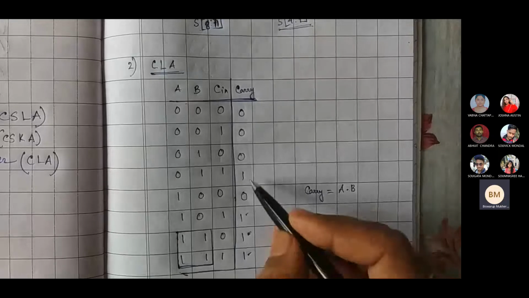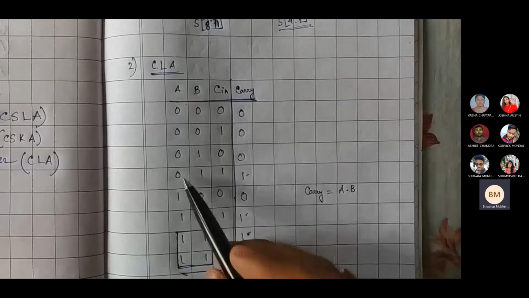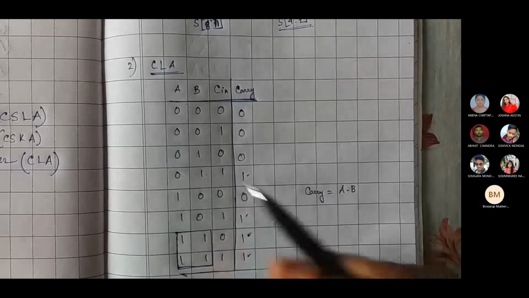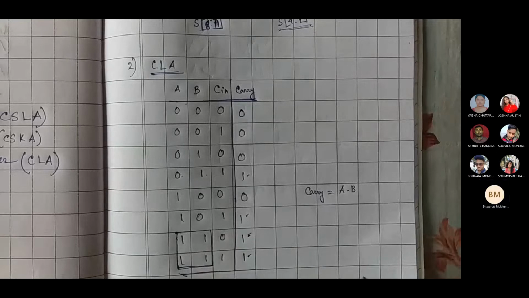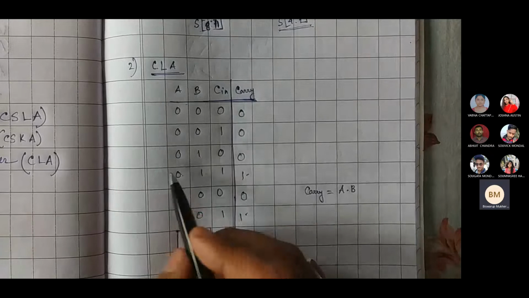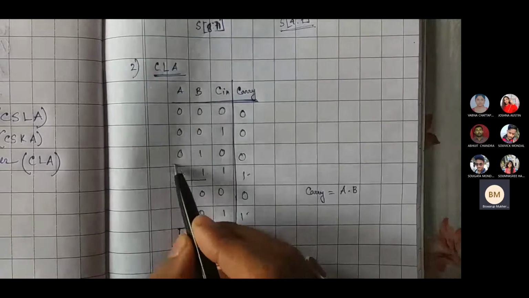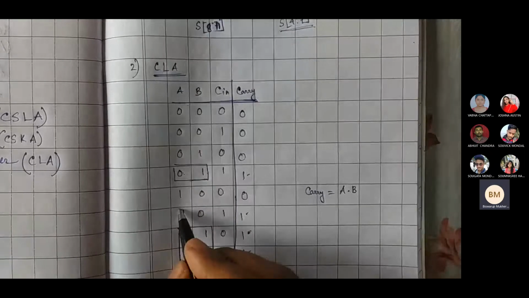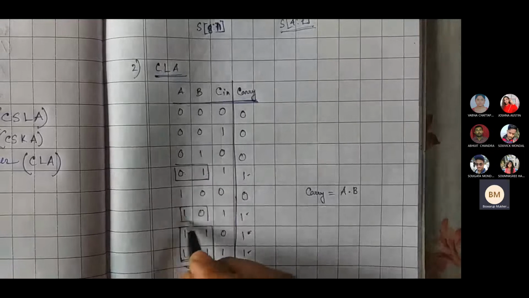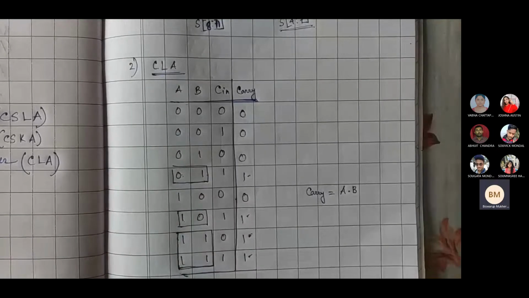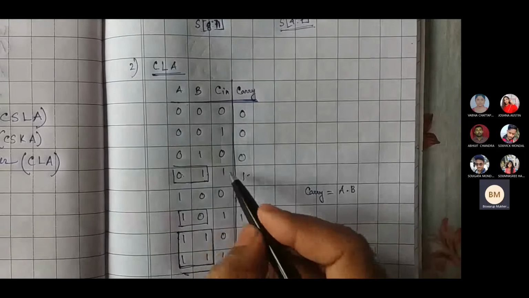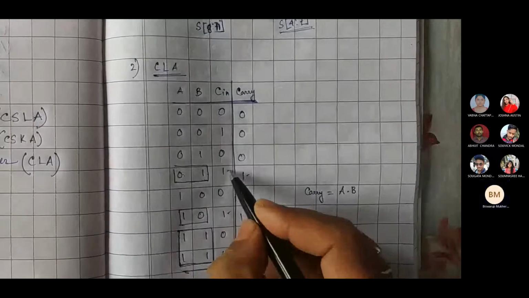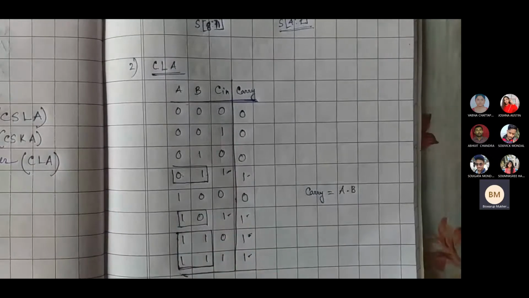Now there are another two cases where A and B are different in nature, and the C value is 1.